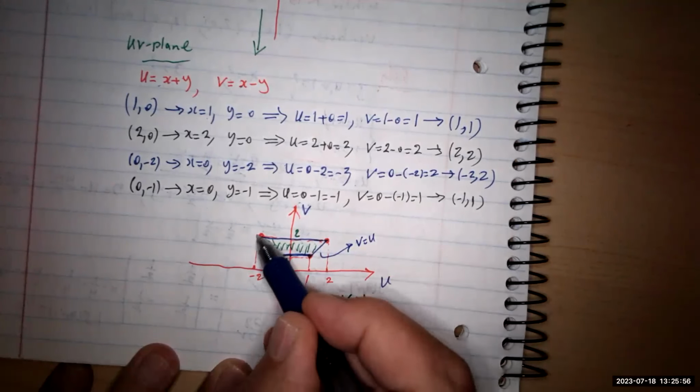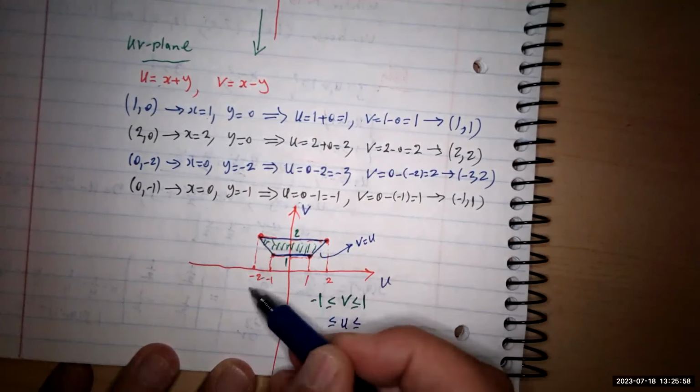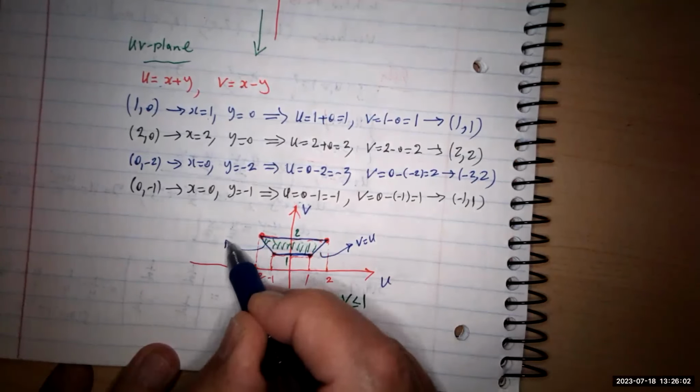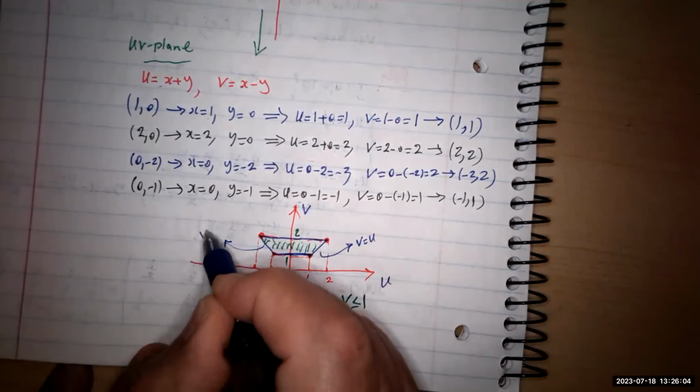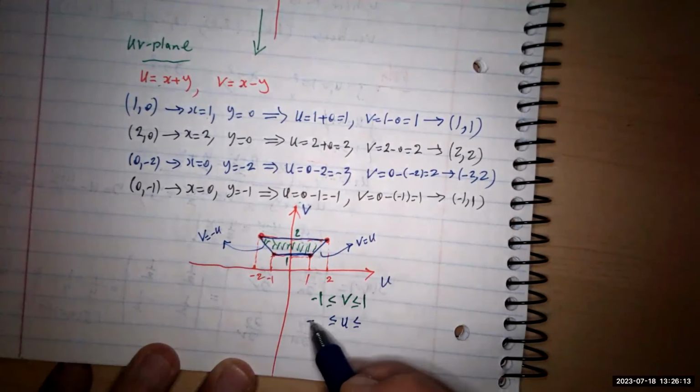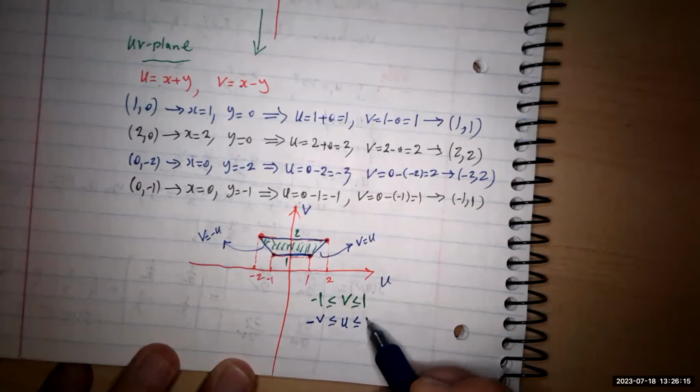And this line over here, remember, goes through -2, 2 and -1, 1. So this line is simply v equal to -u. So your u is going to be between what? Between -v and the positive v.